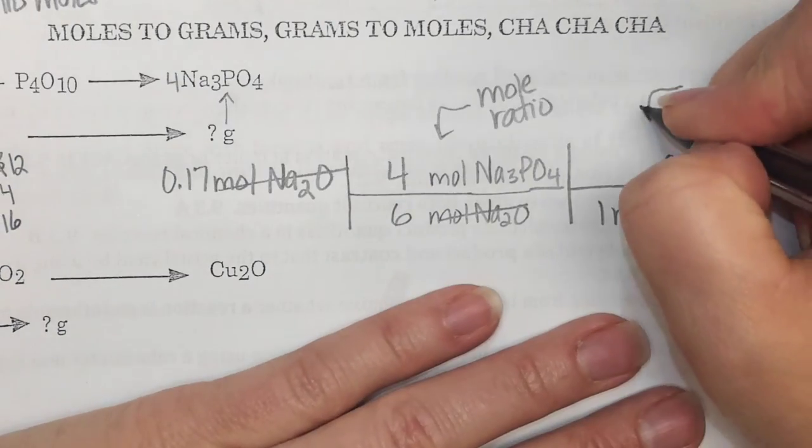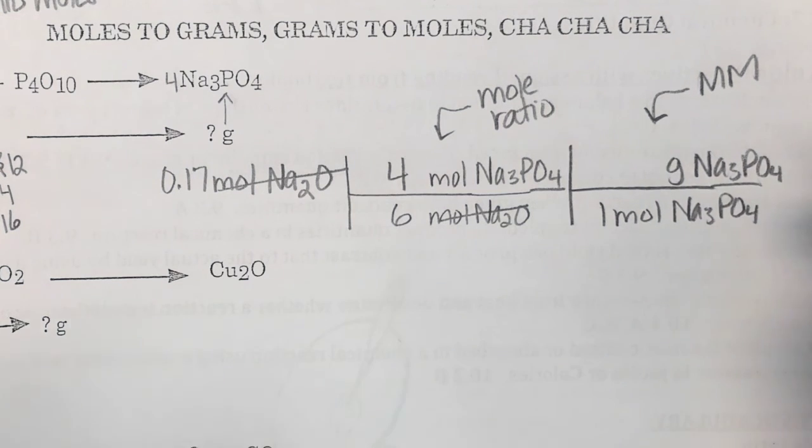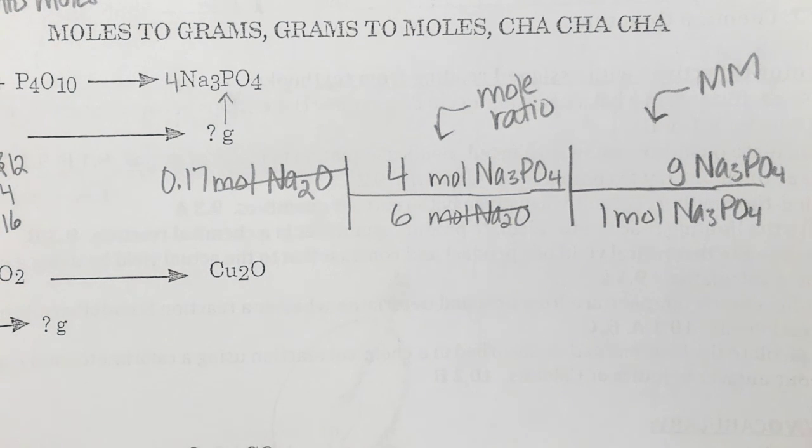I add up all of their masses together, and this is the molar mass. So this conversion is the molar mass. So I grab my periodic table, I grab my calculator, and I add up 3 sodiums. 3 times 22.99 plus 30.97 plus 4 oxygens.